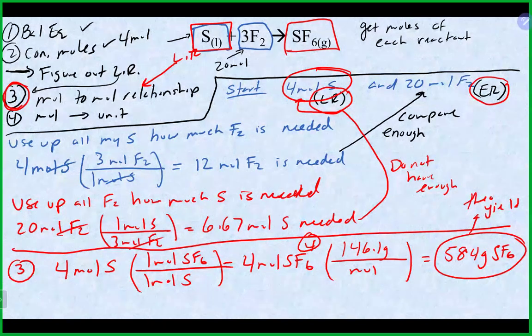Whichever one produces the smaller amount of product is both the limiting reagent and your theoretical yield. So that's the very common approach these days, is just to do 2 separate calculations, one of which you won't even need at all. You throw it away basically, and whichever one gives you the smallest amount of product produced is both, again, your limiting reagent and your theoretical yield. So if you like that method better, you could do that as well.